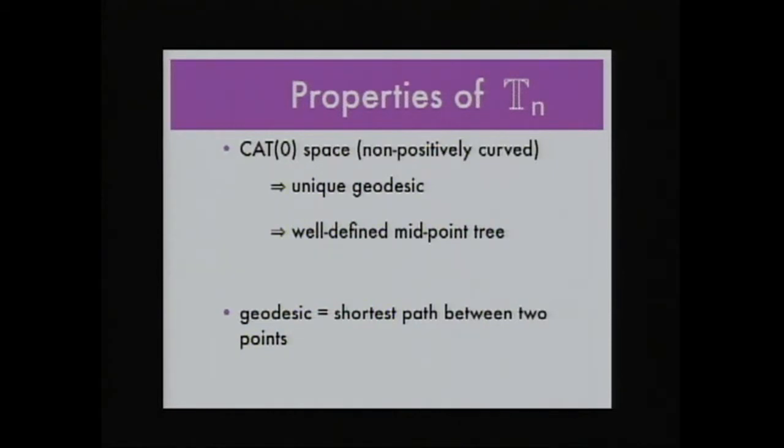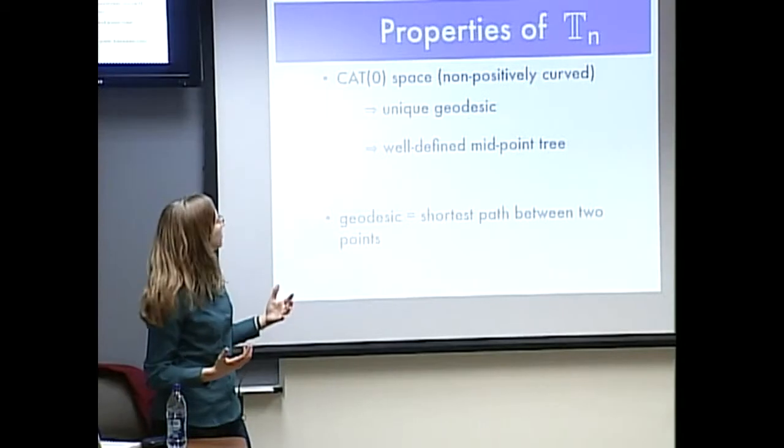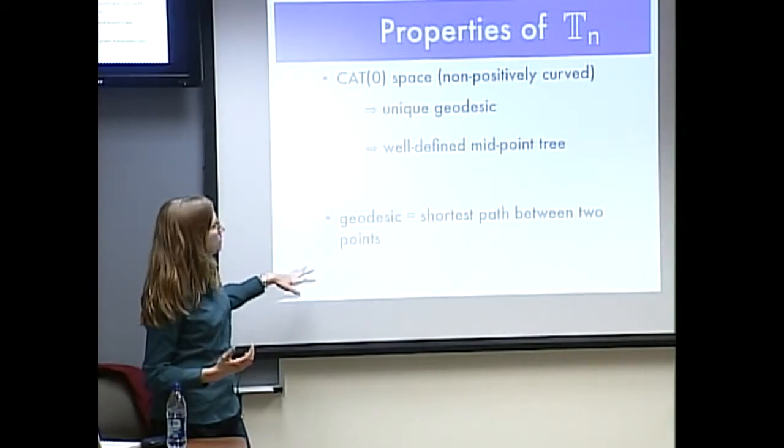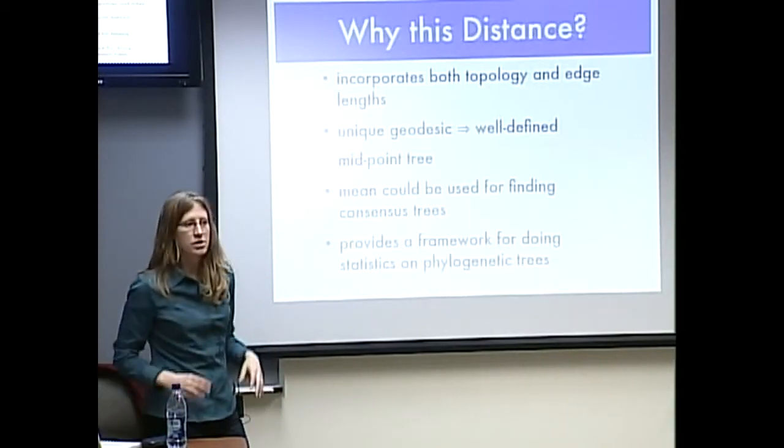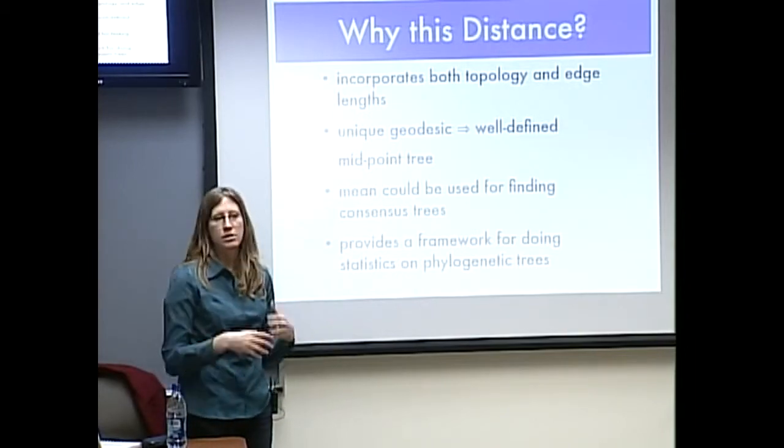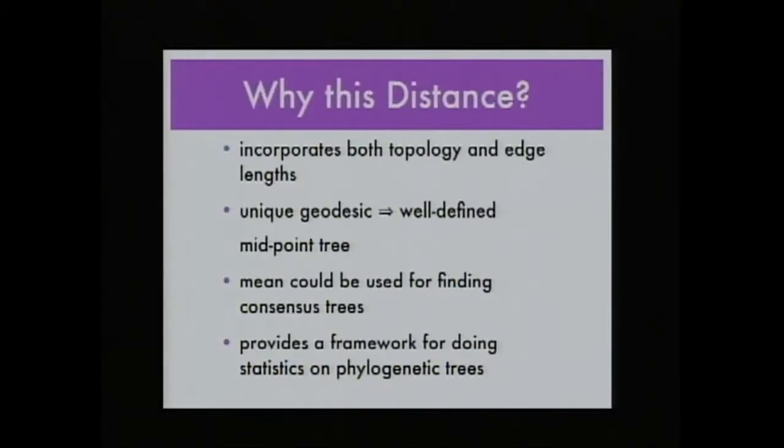And it turns out there's actually a way to extend this to more than two trees. This helps answer the question of why we should care about this distance when there are already a few out there for phylogenetic trees. Basically it incorporates both topology and edge length. Because of the unique geodesic, we get an idea of an average, or midpoint, tree.